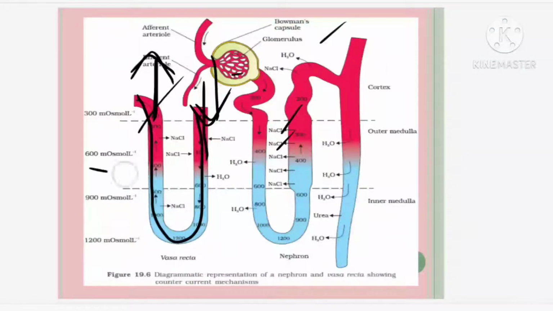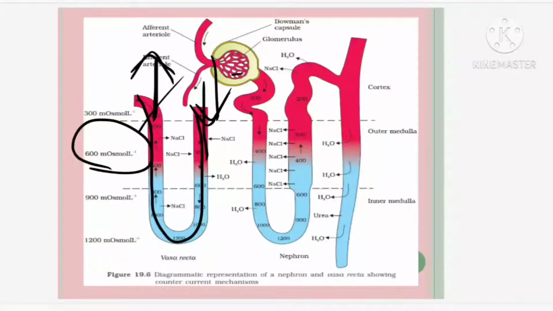I told you how osmotic pressure has to be maintained: ions and water are responsible. So NaCl and urea play a major role in maintaining osmolarity in the medullary fluid. Medullary fluid means the fluid present inside the medulla of the kidney, which should maintain a particular osmolarity, because of which the concentration of urine takes place.